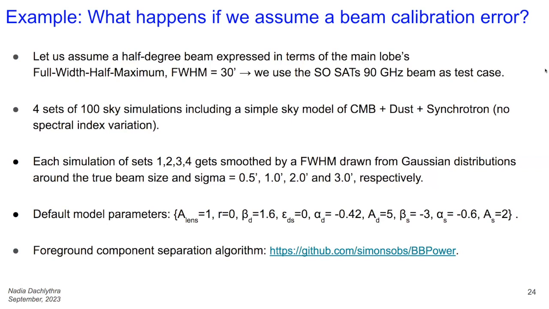If you take the simplest case, a Gaussian beam, a half-degree beam, again the same test case always at 90 gigahertz, and let's say that you perturb this parameter, you just perturb the beam size. You take a set of 100 simulations to also have a representative covariance of your sky. You take 4 such sets. For each simulation of each set, you draw a value for this FWHM from a Gaussian distribution that is centered on the true value with some statistical uncertainty of half, 1, 2, 3 arcminutes.